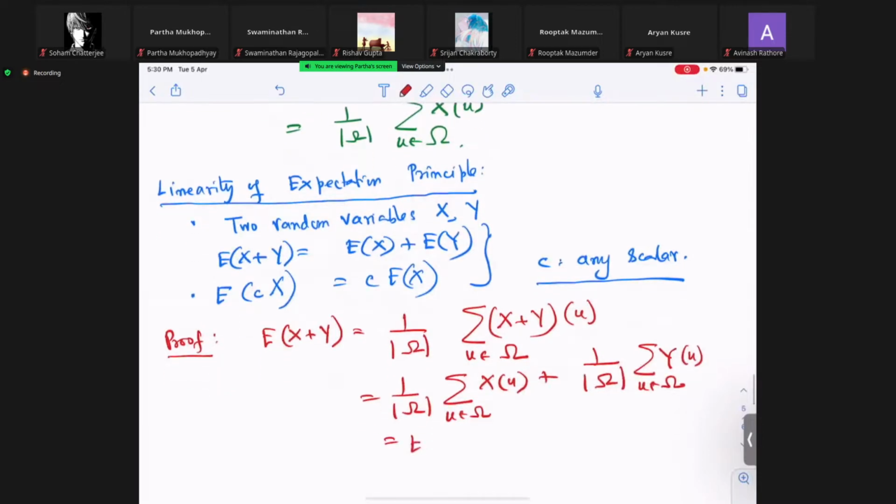So that's, and this is immediate. Yes, it's an extremely innocent looking property, but you will see that in most of the complicated examples, this beautiful property of linearity of expectation plays a very crucial role. So it is important to have a feeling how you in fact use this principle.